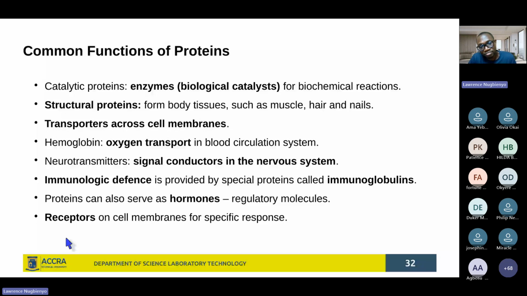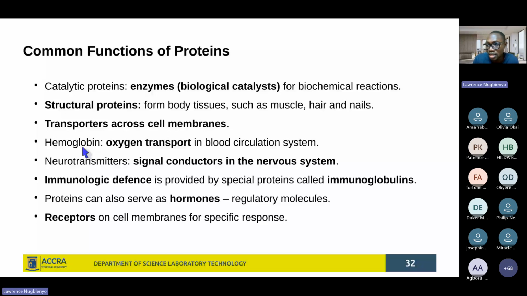Or you can talk about transport specifically, say oxygen transport, which you'll be referring to hemoglobin. Not only hemoglobin, there's also myoglobin. So hemoglobin will be involved in the transport of oxygen from the lungs to the tissues. And when it gets to the tissues, you have myoglobin, which will be serving as an intermediary, receiving the molecules from hemoglobin one after the other and transferring it to the tissues.